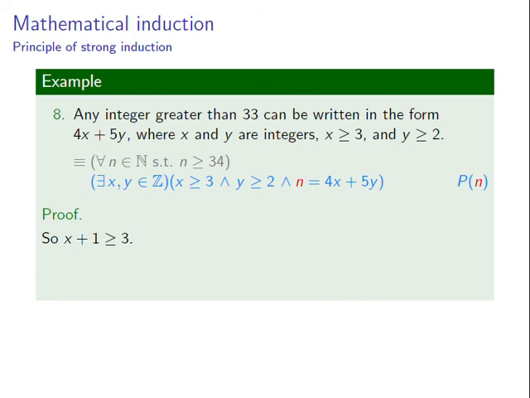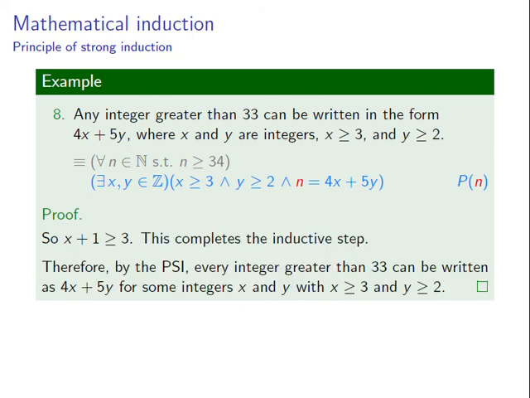Thus, we were able to write k plus 1 as a linear combination 4r plus 5s, where r is greater than or equal to 3 and s is greater than or equal to 2. This completes the proof of the inductive step. Therefore, by the PSI, every integer greater than 33 can be written as 4x plus 5y for some integers x and y, with x greater than or equal to 3 and y greater than or equal to 2.